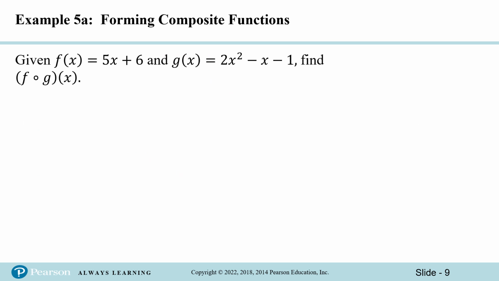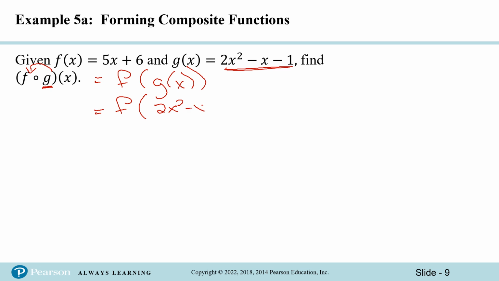All right, so let's take a look at an example. We need to find f composed with g of x. So I'm going to take my g function and plug it into my f function. So f of g of x. Here's my g of x function, 2x squared minus x minus 1. I have to take this and plug it into my f function for x.